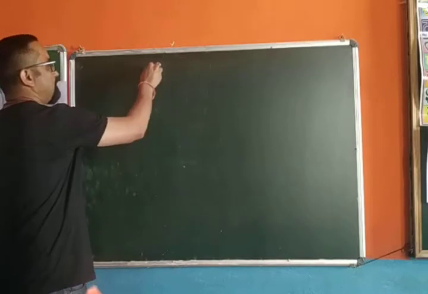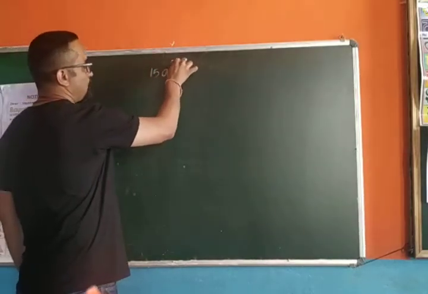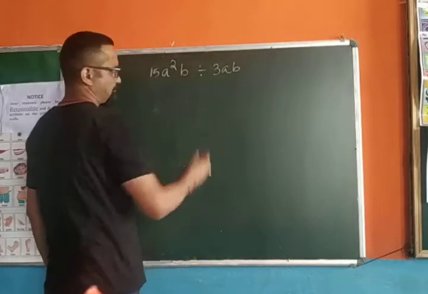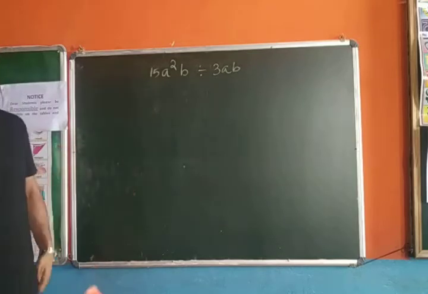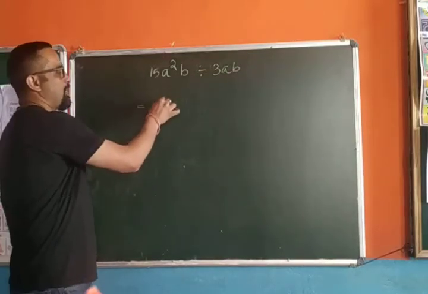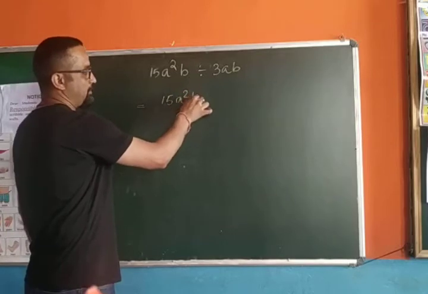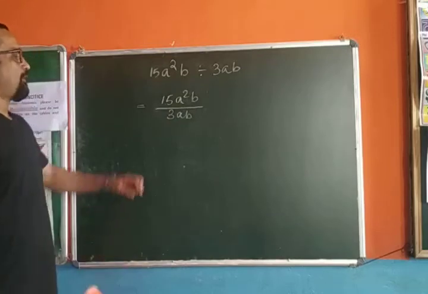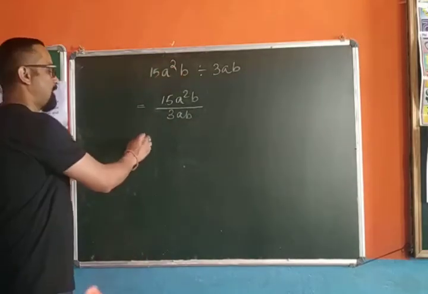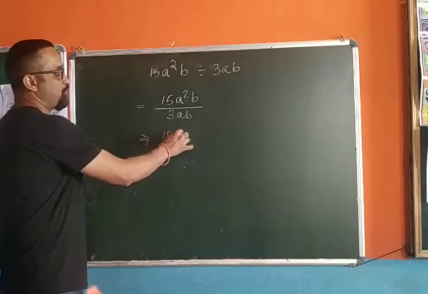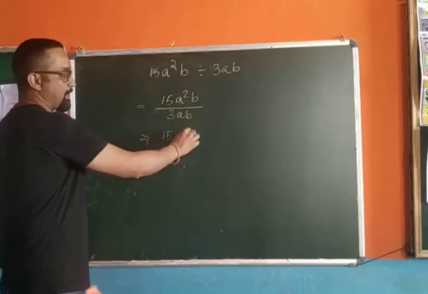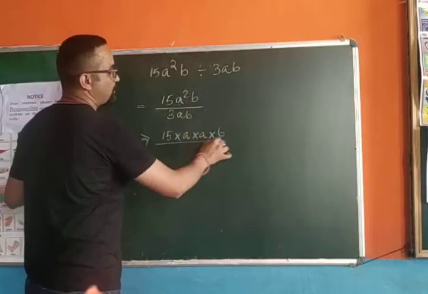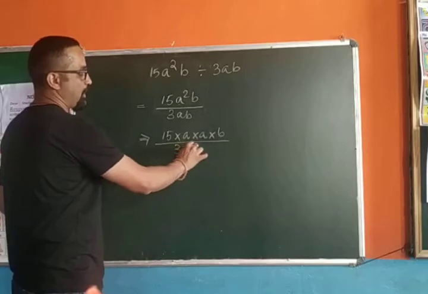Suppose you have 15 a squared b divided by 3ab. Look at this division. You write 15 a squared b divided by 3ab. You can simplify this and write 15 into a squared can be written as a multiplied by a into b, whole thing divided by 3 into a into b.